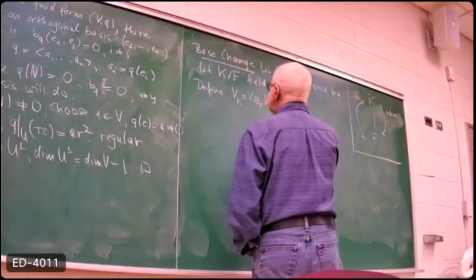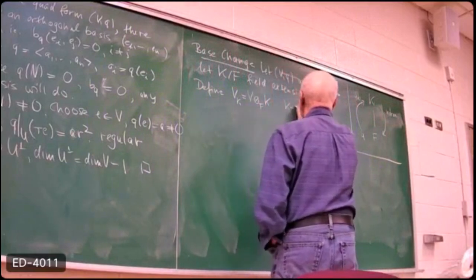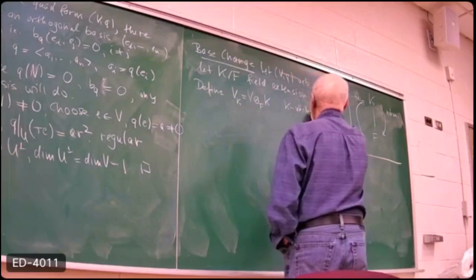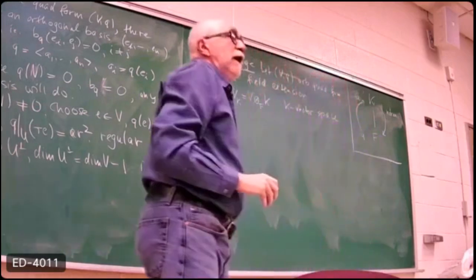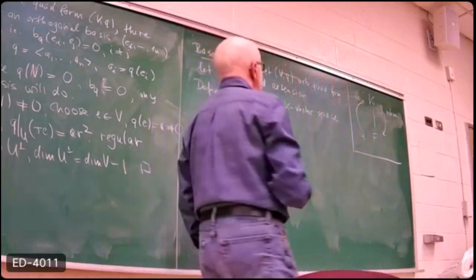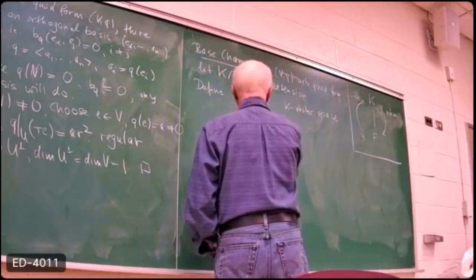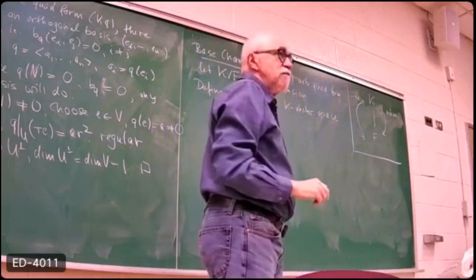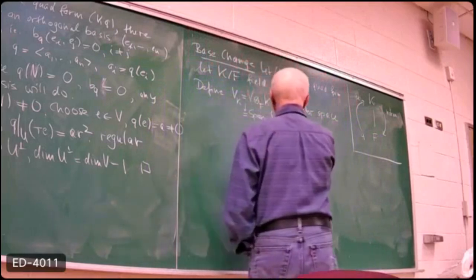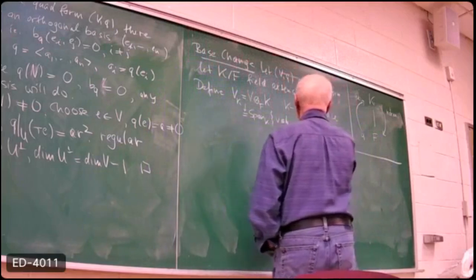So this is a K vector space, and it is spanned over K by certain symbols called simple tensors, which are v tensor k.